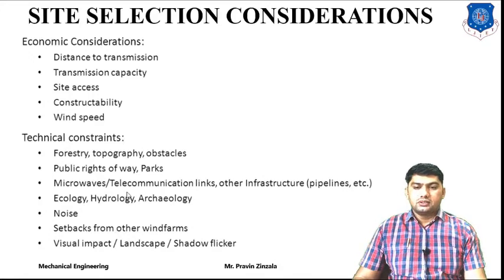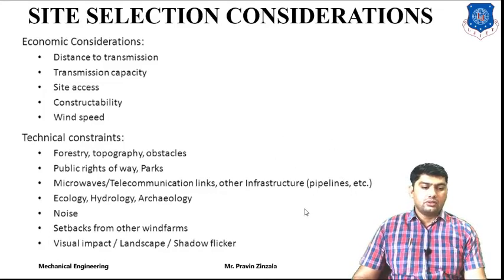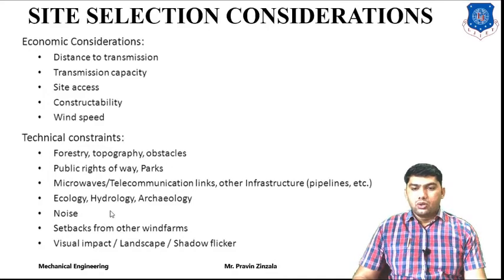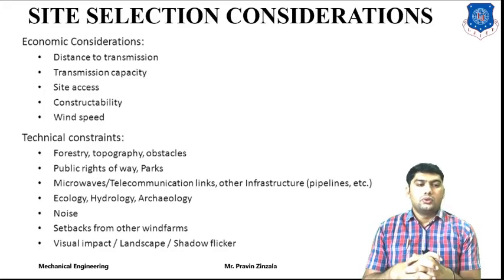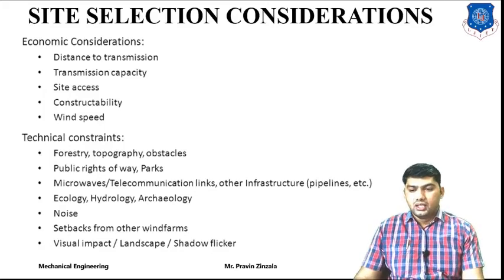Microwaves, or telecommunication links, and other infrastructure like pipelines will also affect the installation of a wind turbine. Then ecology, hydrology, and noise, because the wind turbine generates noise and creates noise pollution. So we also have to consider the noise of the wind turbine.